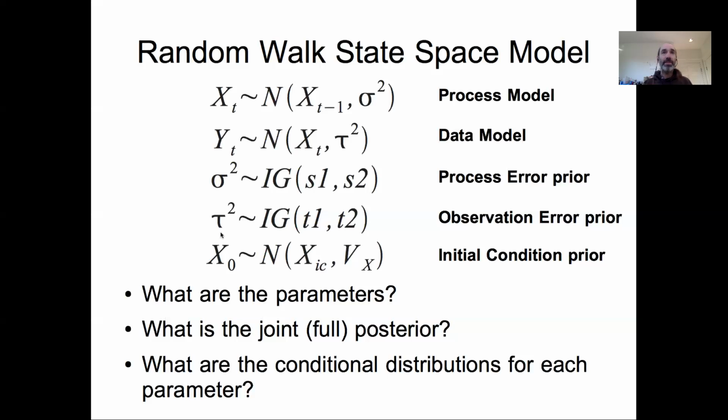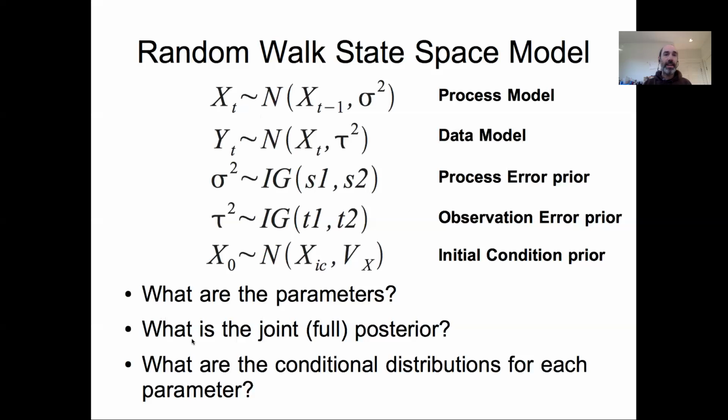And if you think about it a little bit, that may initially sound impossible because, let's say I have n y's, I now have to estimate n x's plus sigma plus tau. So even this simple random walk, I have to estimate n plus 2 variables from n pieces of data. But the key here again is that these pieces of data are not independent. They're sharing information. So that's what makes that possible.